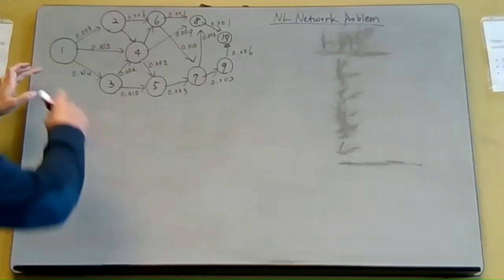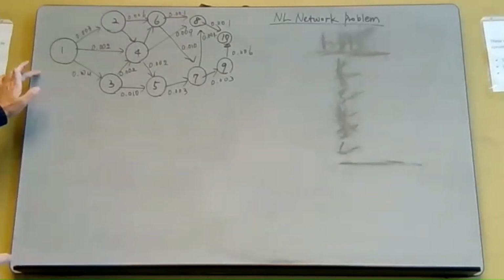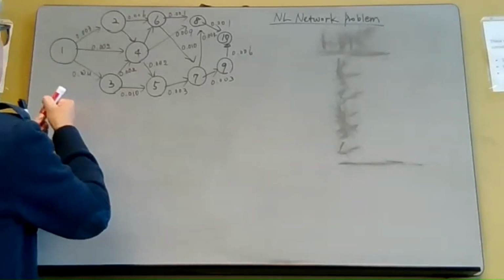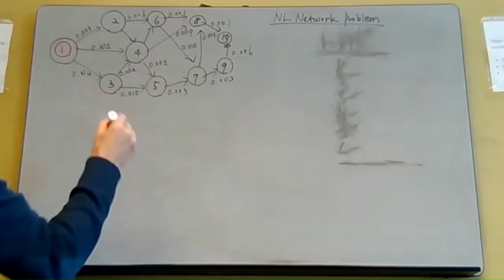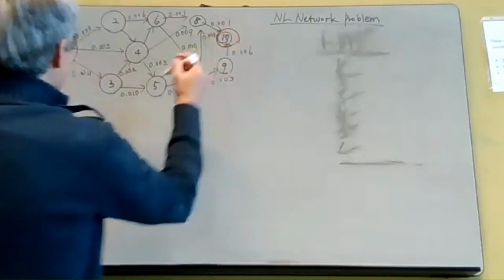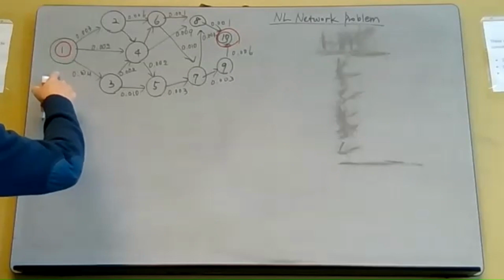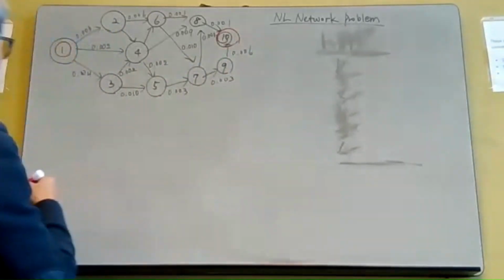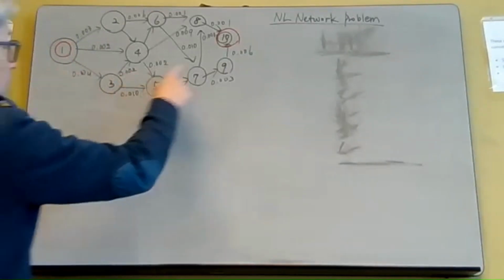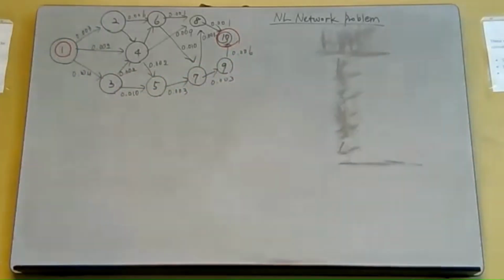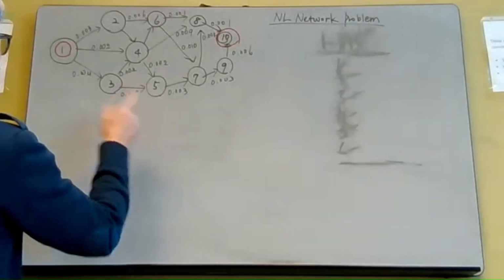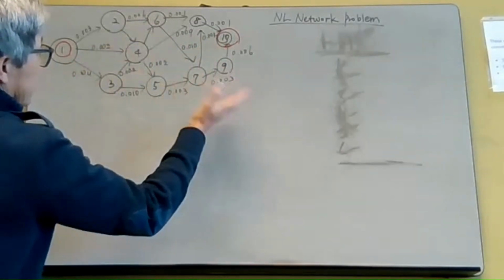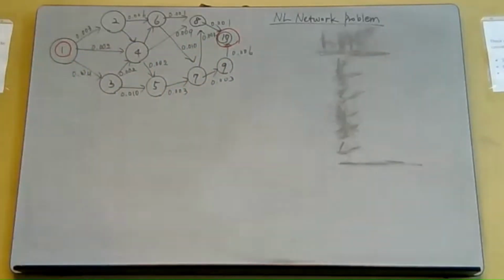So we're going to start from node 1, Los Angeles, California, to Amarillo in Texas. So node 1 is the starting node, and node 10 is the ending node. So node 1 is the origin, node 10 is the destination. So we want to go from node 1 to 10 through many different feasible routes.